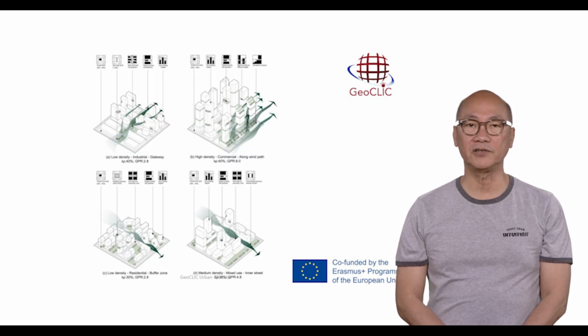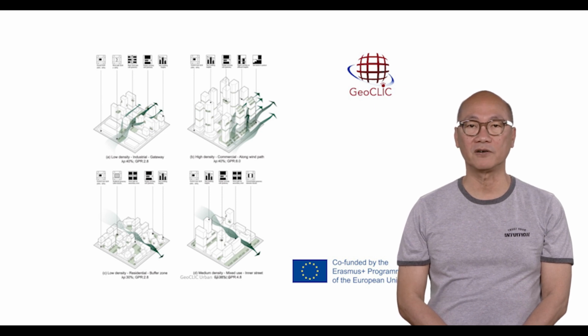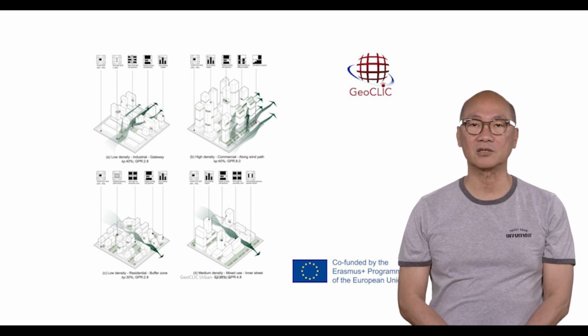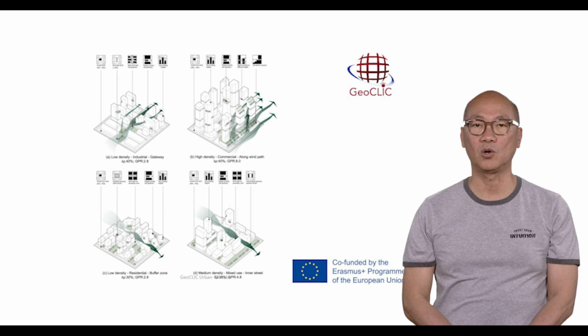This figure shows the 3D impression of the climate-sensitive prototype of building morphology in 4 scenarios. The scenarios are created with the recommended parameter settings for GPR, or gross plot ratio, and lambda p, the site coverage ratio. In each scenario, 5 indicators are described, including the control over 1.